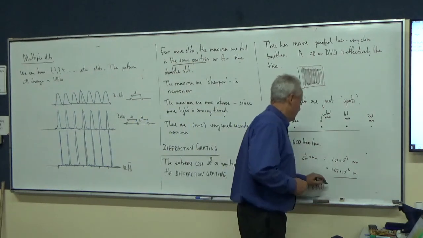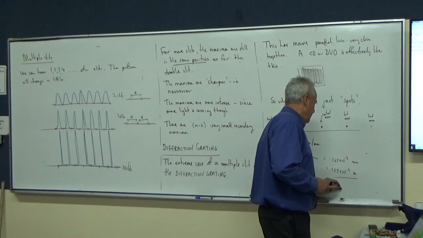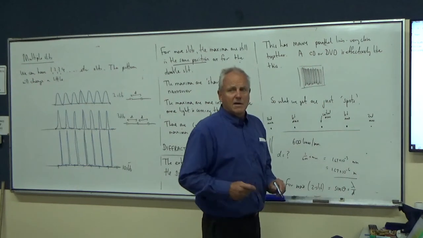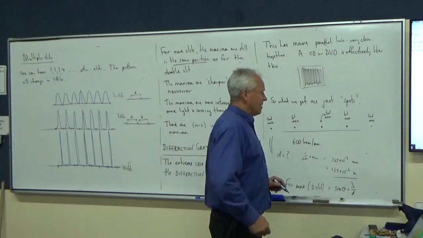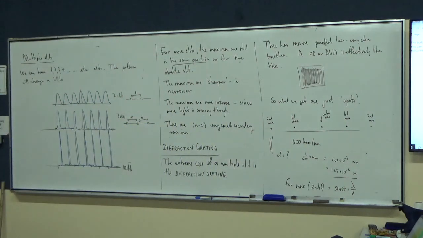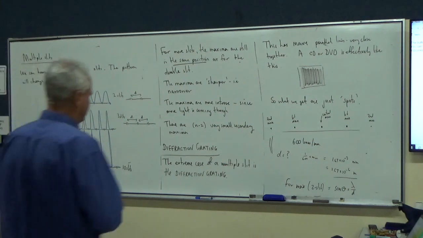So for the maxima for two slits, sine theta equals lambda on d. The wavelength, I think I said 633 nanometres, I'll just check that. 633 nanometres.